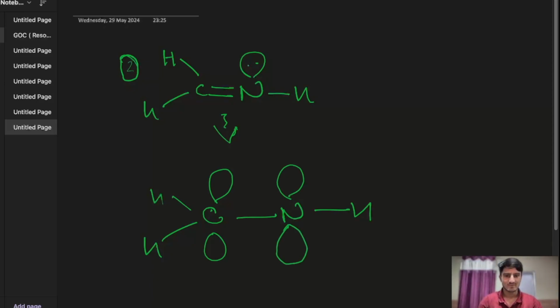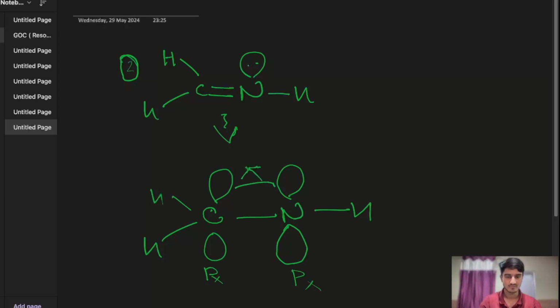As we know that a pi bond is formed between carbon and nitrogen, so the p orbitals must be in the same plane. So if it is px, then it must be a px orbital, and it will form a pi bond.